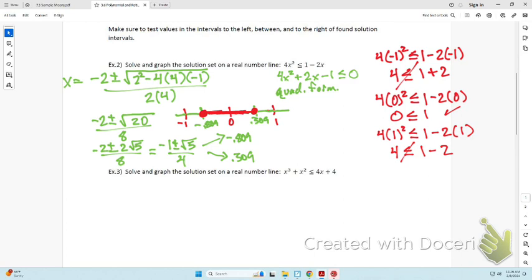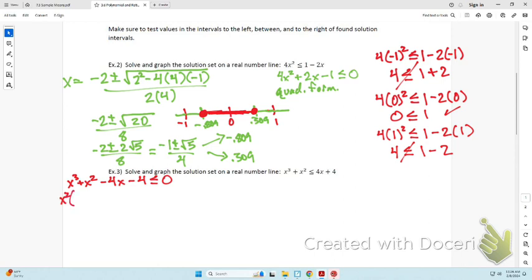All right, let's try number 3. Same exact process. I'm going to move everything to one side. This expression should look familiar to you. We've factored it before. Factor by grouping.